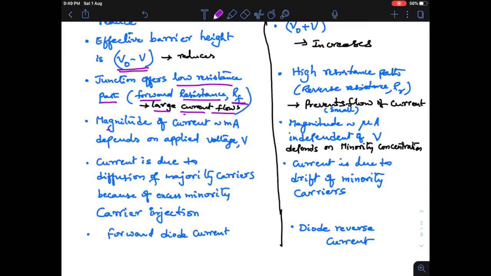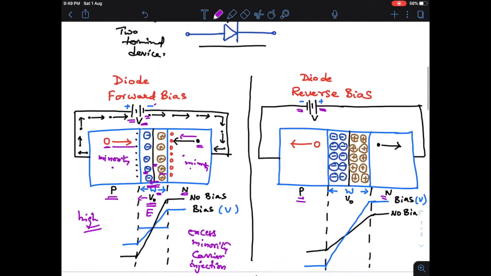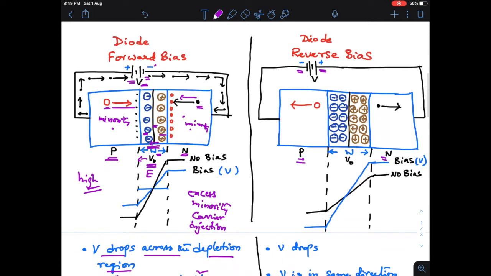This magnitude of current is of the order of milliamperes, and it depends on the applied voltage V. If you increase the applied voltage, now you can see from this figure, when there is no bias, this is V naught, the barrier height, from here to here.